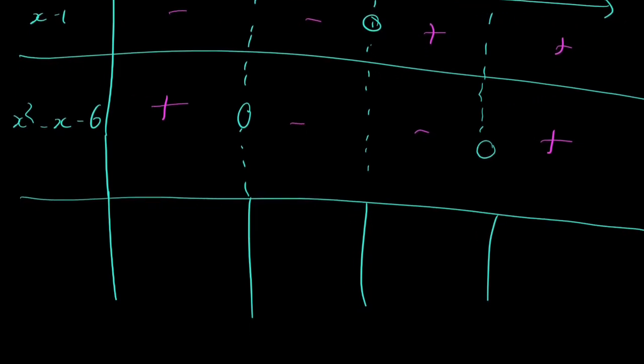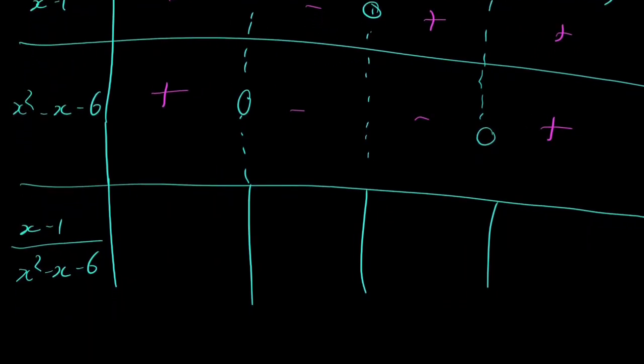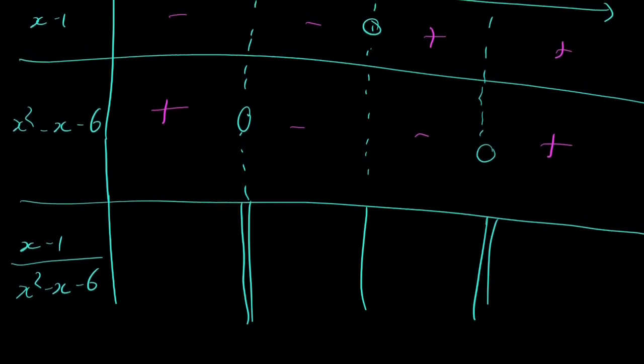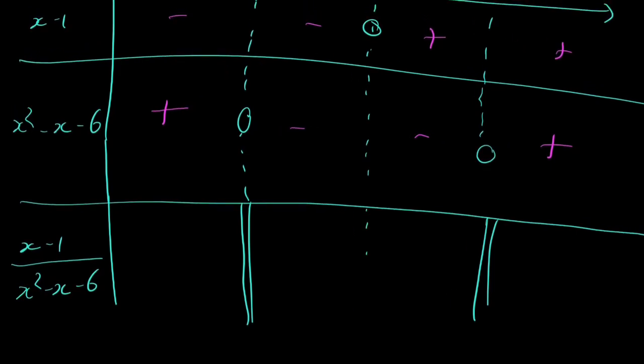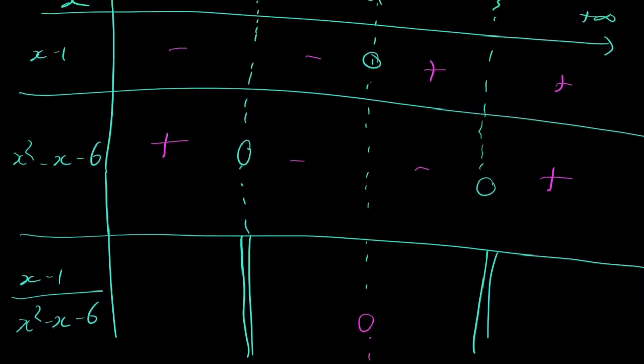The division of both, which is x minus 1 over x squared minus x minus 6, will be undefined here because we divide by 0, undefined here because we divide by 0. It will be equal to 0 here, and here we've got minus times plus is equal to minus, minus times minus is equal to plus. Here we have a minus, and here we have a plus.